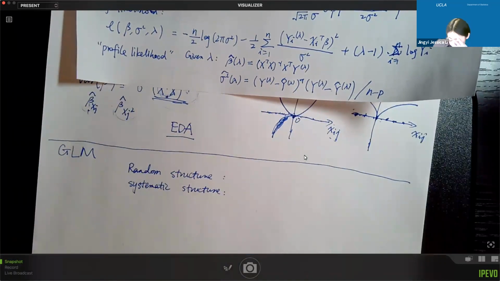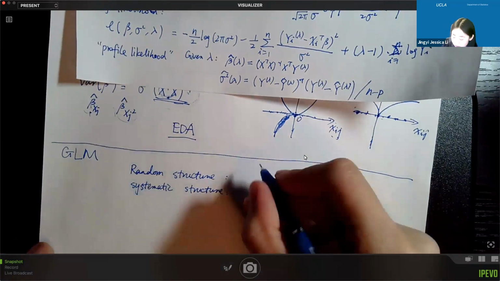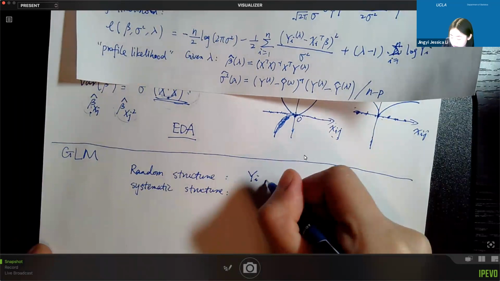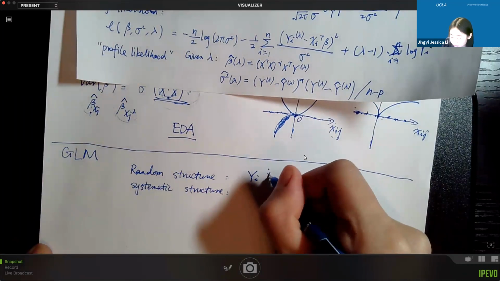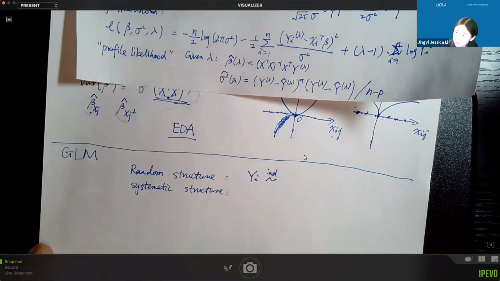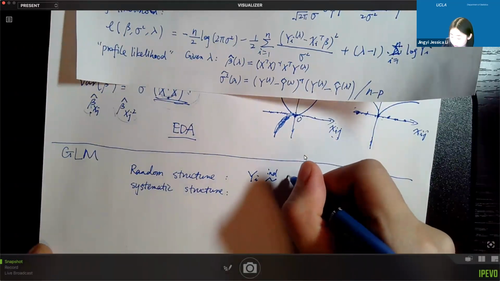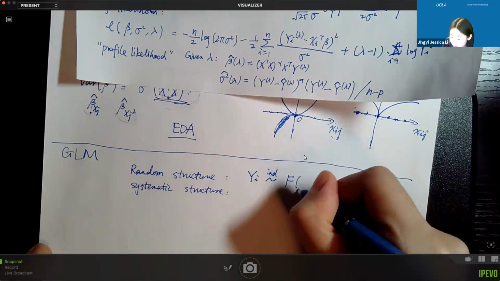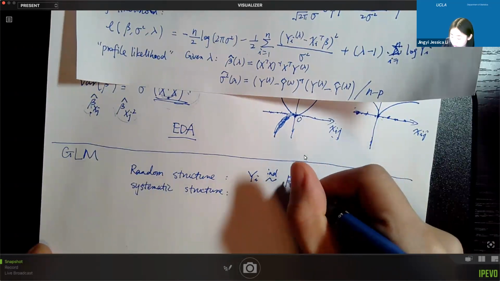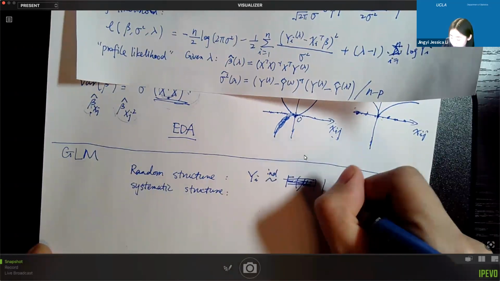But for the overview, you can think of it this way: in the GLM, for the random structure, how yi is distributed, we still keep the independence assumption in relation to mu i. So it's distributed as some function involving mu i, or maybe I should put it as f(mu i).